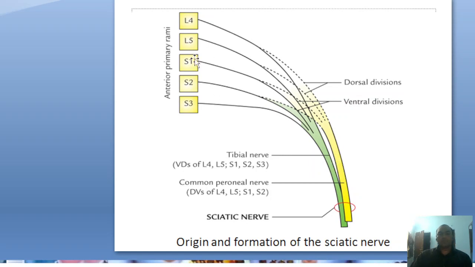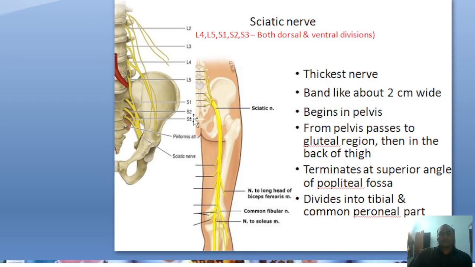The origin and formation of the sciatic nerve is from the anterior primary rami of L4, 5, S1, S2, S3. This is the root value of the sciatic nerve, both the dorsal and ventral divisions. It is the thickest nerve of the body, band like, about 2 cm wide, and begins in the pelvis.